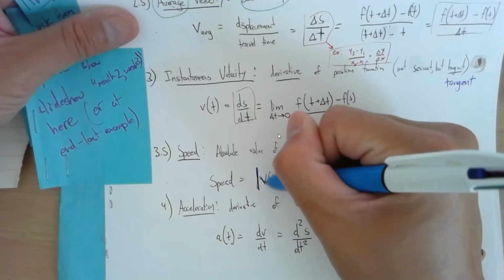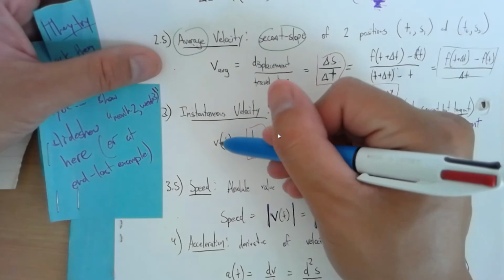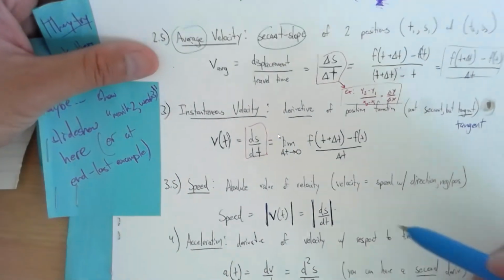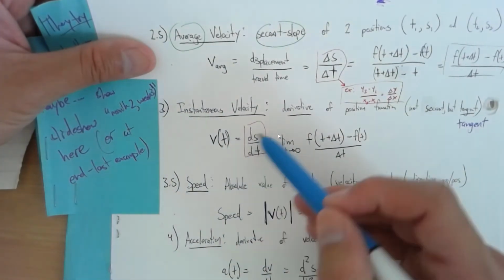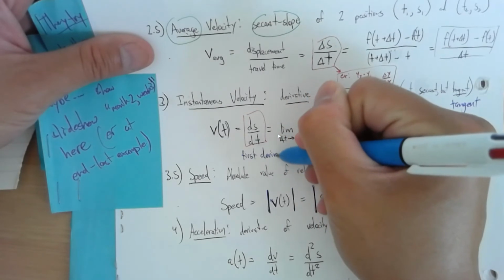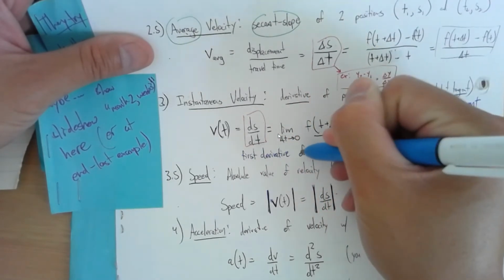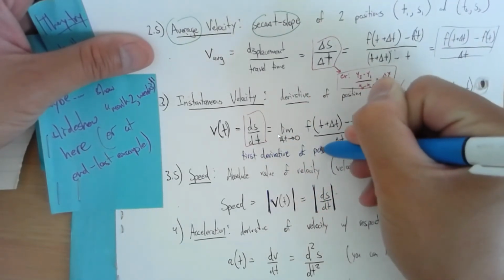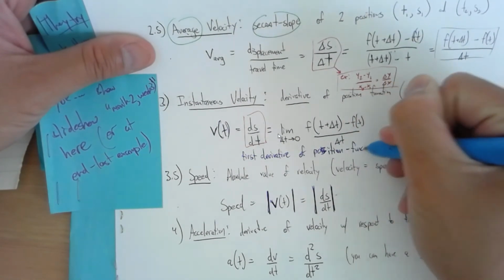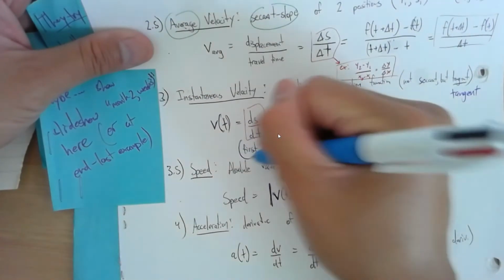Another way of denoting velocity that I didn't talk about is v of t. So v of t is equal to the first derivative of the position function. So this is the first derivative.